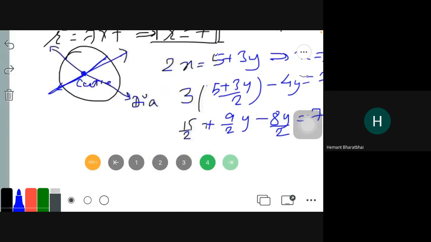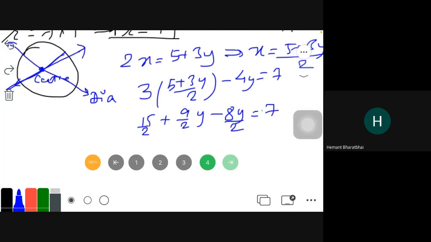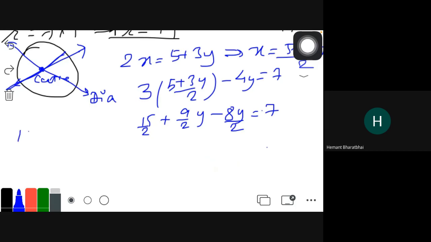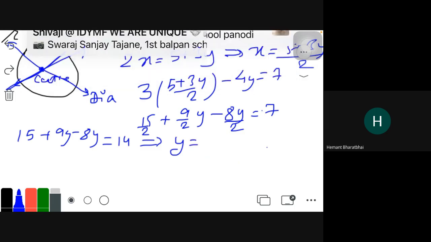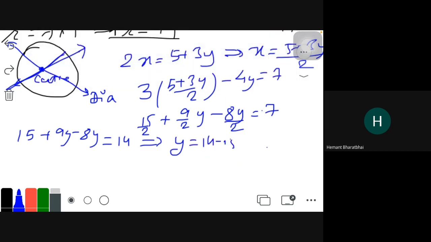So everything is by 2, so this 2 will get multiplied over there. So that is 15 plus 9y minus 8y is equal to 14. So that gives me y is equal to 14 minus 15. That gives me y is equal to minus 1.